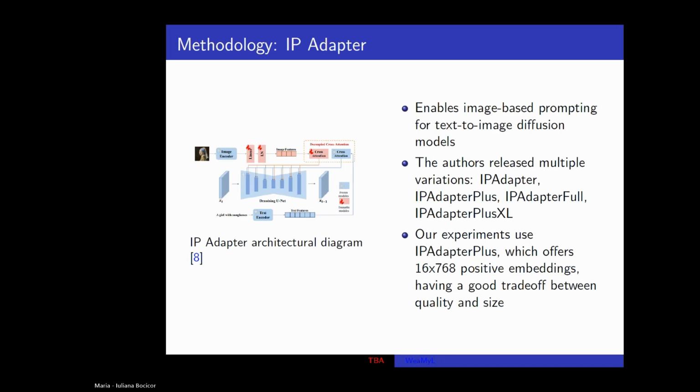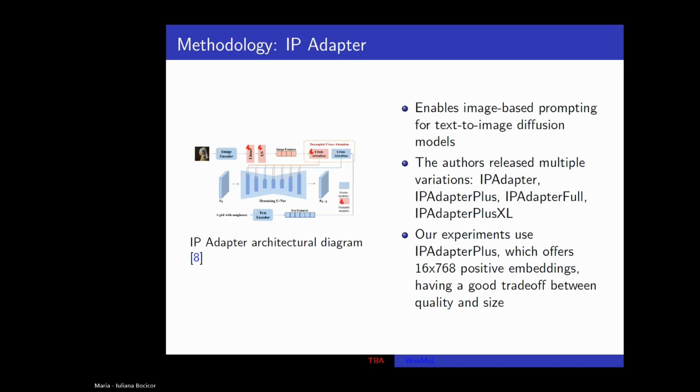So regarding IP adapter, it was originally designed to enable image-based prompting for text-to-image diffusion models. And it obtained good performance compared to other image-to-image models with only 22 million parameters. The authors released multiple variations: IP adapter, IP adapter plus, full, plus XL, and they're publicly available on Hugging Face. In our experiments, we used IP adapter plus, the same as MindFormer, which offers 16 positive embeddings.